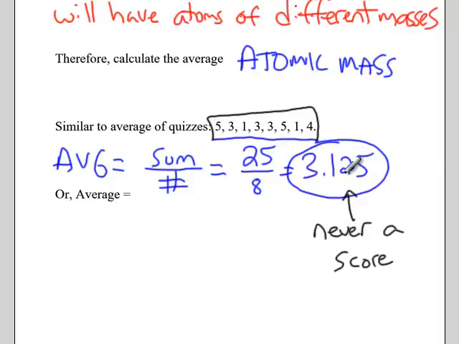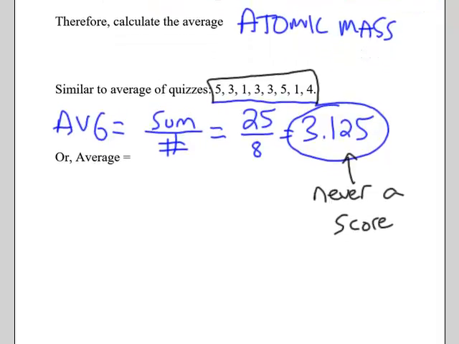That's what we have to deal with when we're measuring atoms, because a small sample is going to have millions and millions of atoms. So if we were measuring the mass of those millions of atoms, it would take forever to calculate the average using this formula.